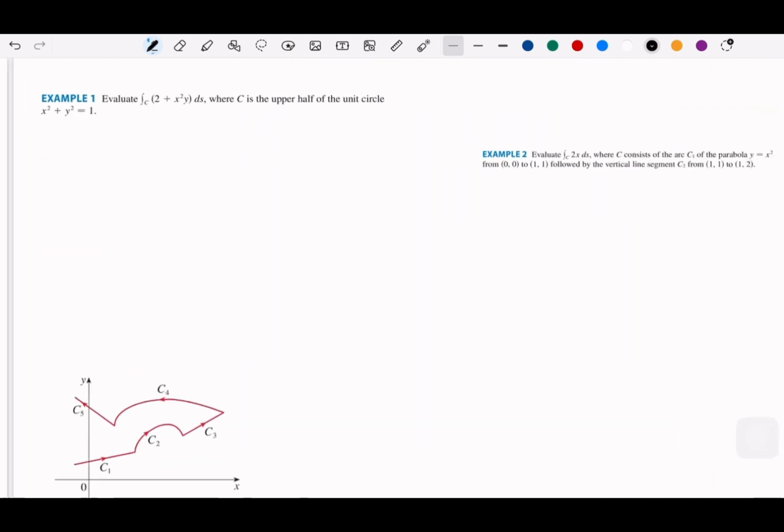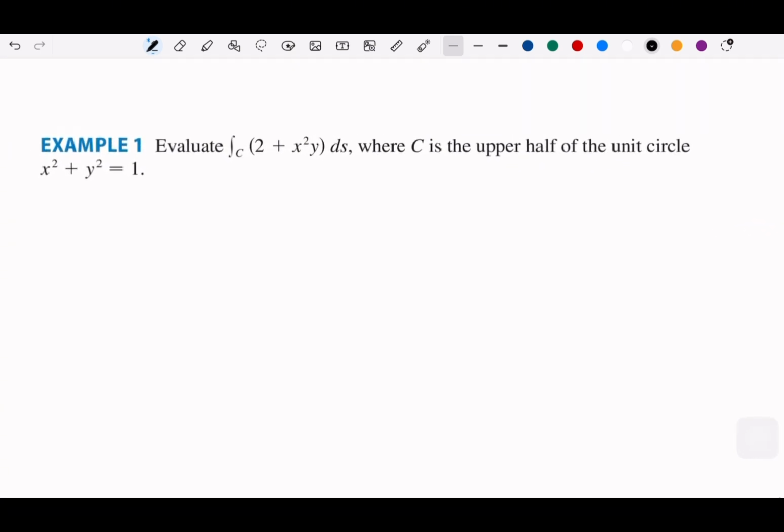Next, I will give you just a quick example, also a review of chapter 10 calculus. So if we have this question: evaluate this function, where the curve C is the upper half of the unit circle. So upper half, so we have a circle, right?